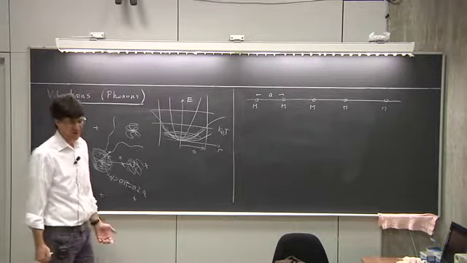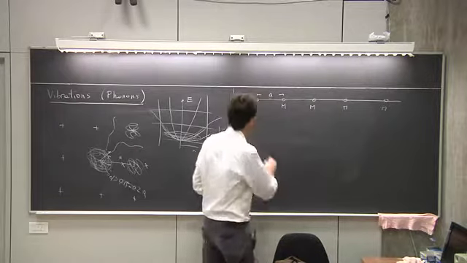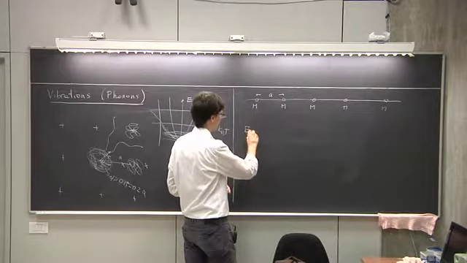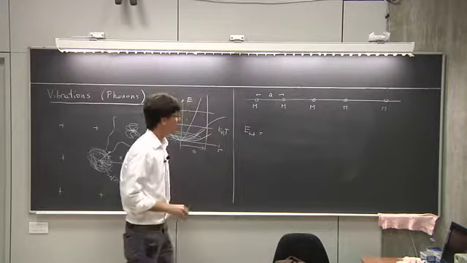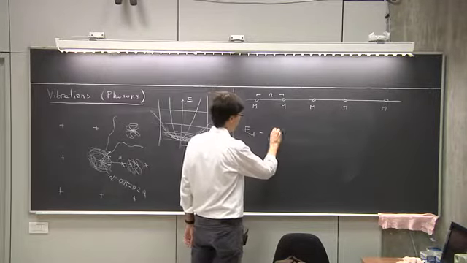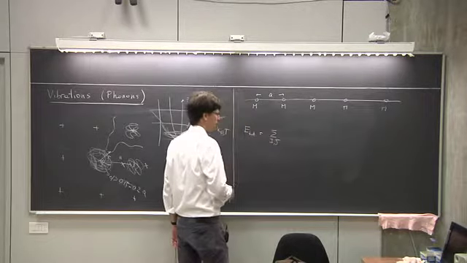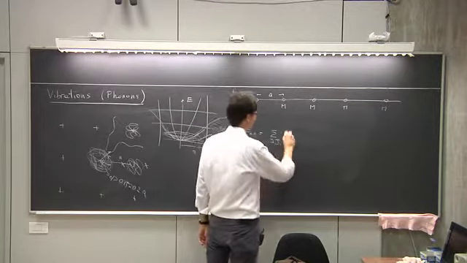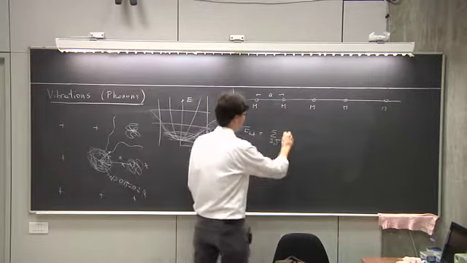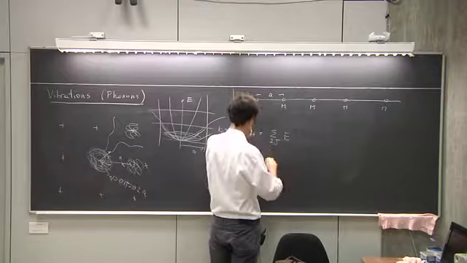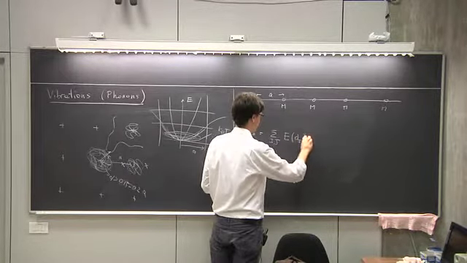Now, this is, by the way, equivalent to saying that I'm considering the total energy of this system as a sum over ij of, let me call it, E of dij.